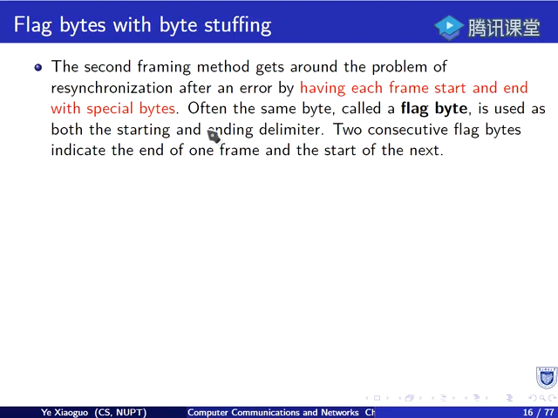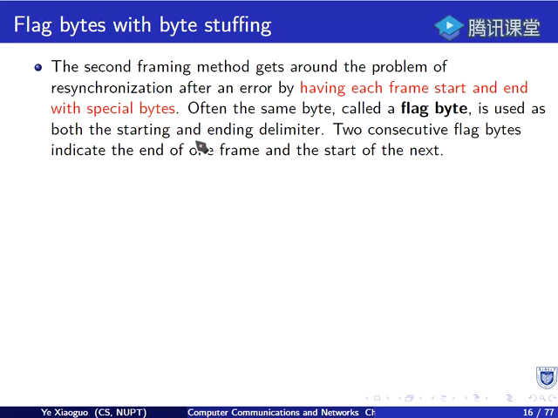Then the second mechanism of framing is flag bytes with byte stuffing. The second framing method gets around the problem of resynchronization after an error by having each frame start and end with special bytes.